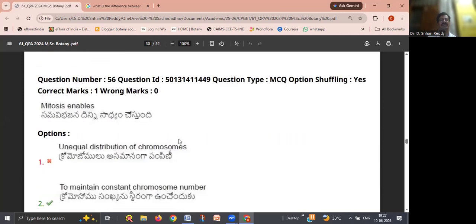Next, mitosis enables... What are the main features of mitosis? There are particular differences between mitosis and meiosis. Meiosis only occurs in the reproductive cells, particularly microspore mother cells and megaspore mother cells.